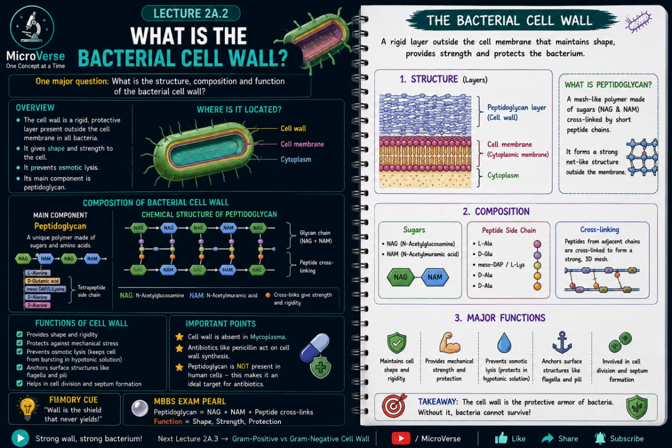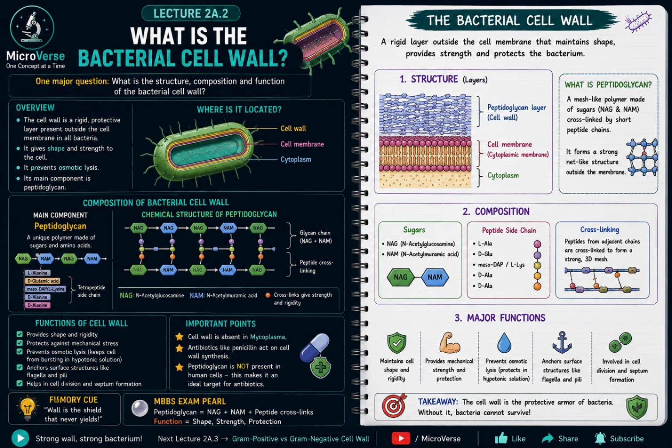Bacteria may exist in environments where water tends to move into the cell. The cytoplasmic membrane alone cannot withstand the resulting internal pressure. The cell wall provides mechanical resistance and prevents the cell from bursting. Therefore, the cell wall provides protection against osmotic lysis.